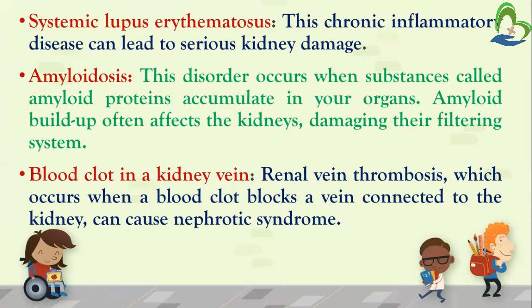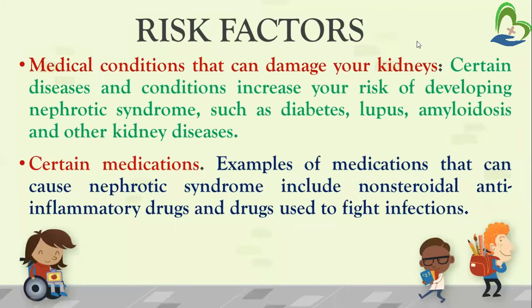Next, blood clot in the kidney or kidney vein. Renal vein thrombosis, which occurs when a blood clot blocks a vein connected to the kidney, can cause a medical condition that can damage your kidney.